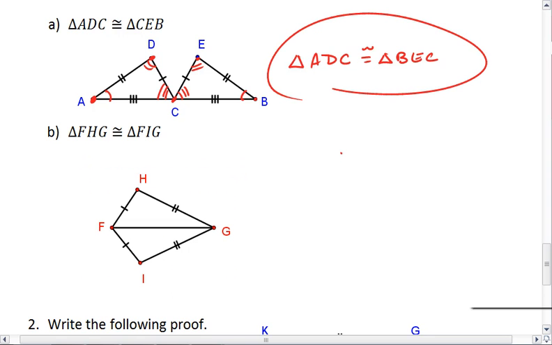So this is the true congruency statement, not what we're given. So the congruency statement that we're given is false, and that's because we didn't match up the corresponding angles appropriately.